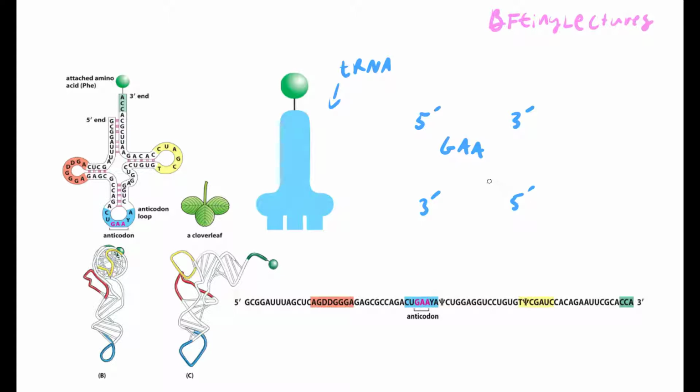Kind of weird, right? What I'm saying is the tRNA is going to have its anticodon, so here is going to be the 3' and here is going to be the 5'. So if we go from the 3' we have A, A, G.